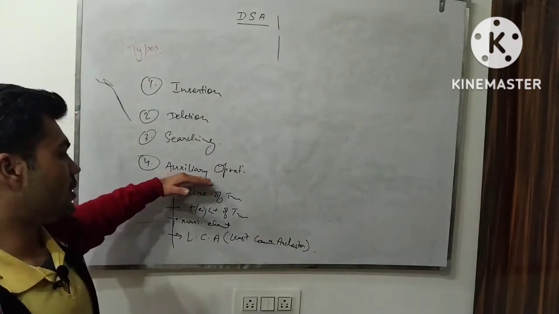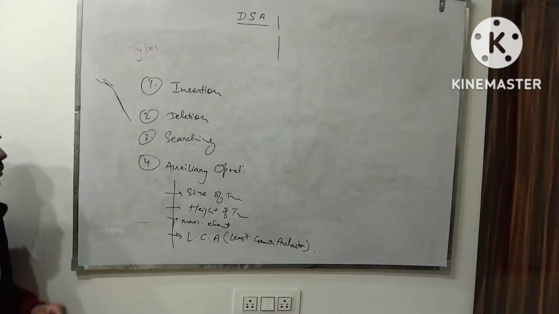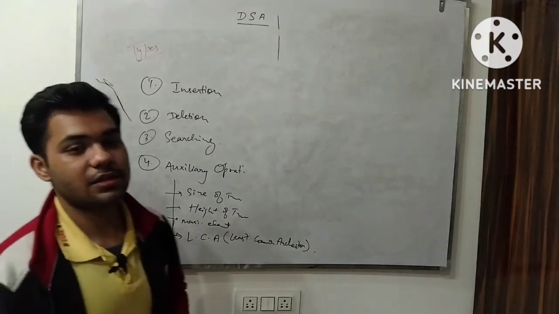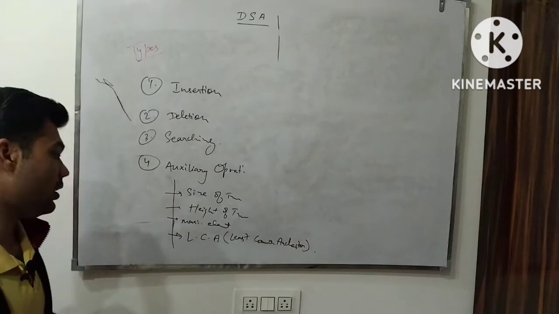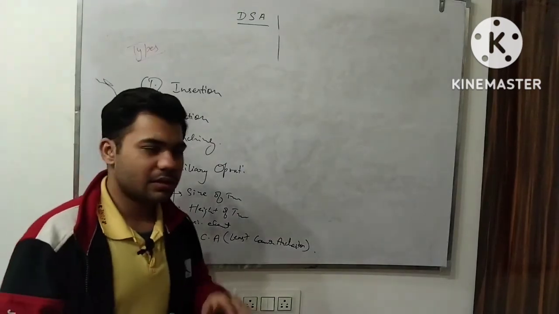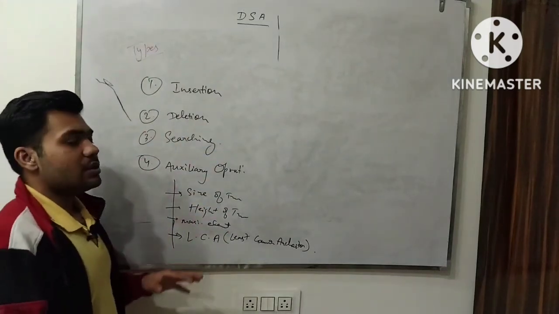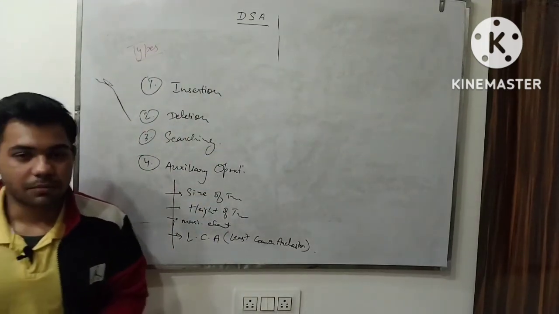There are also auxiliary operations, which include finding the size of the tree, finding the height of the tree, the least common ancestor, and the maximum element of the binary tree. We are going to discuss all these operations in our next upcoming video.